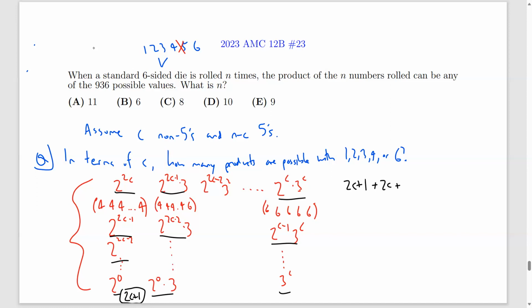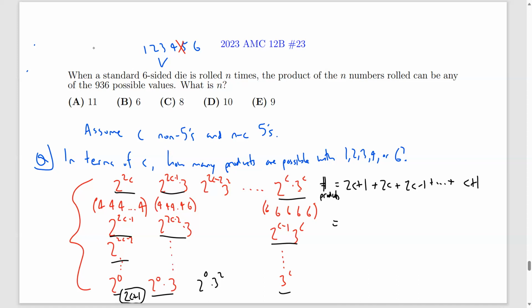The third column from the left, which will be 2 to the 0 times 3 squared, has 2C minus 1 products, and so on and so forth, until the rightmost column has C plus 1 products. So this expression is the number of products with C rolls that are not 5s.